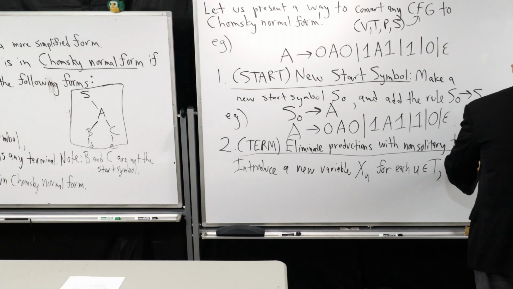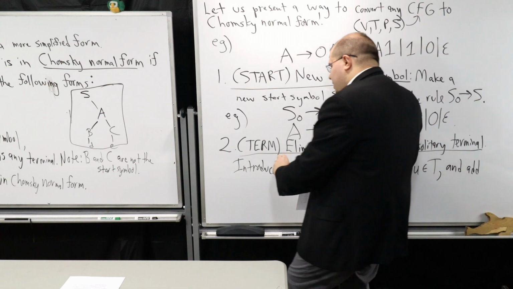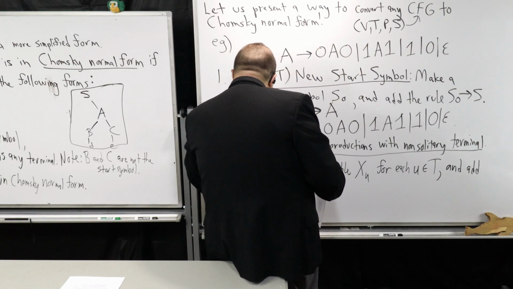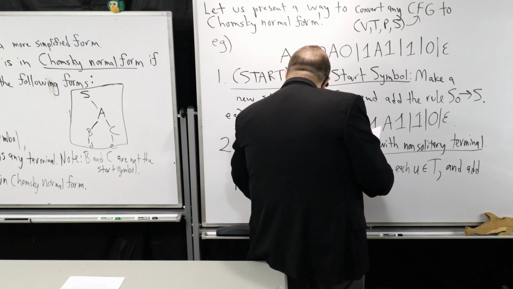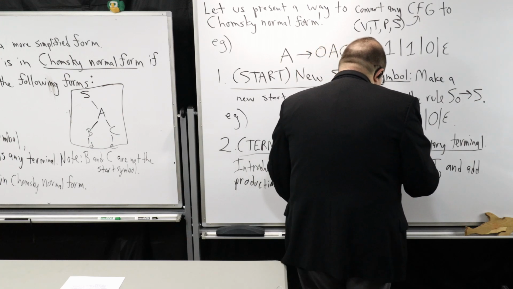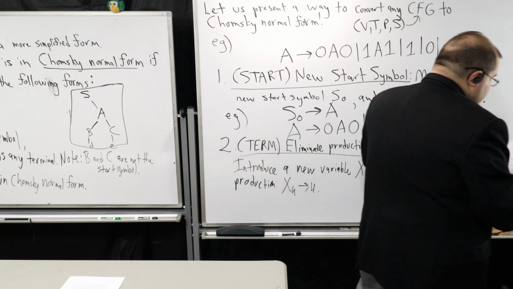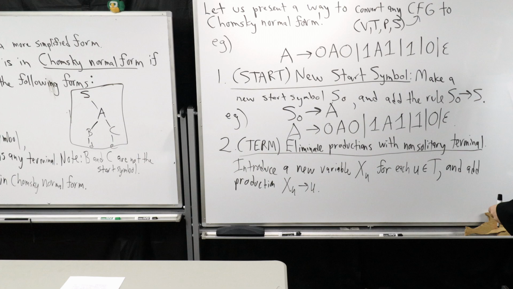And add production XU → U. So that's the first part. I take each one of my terminal symbols, introduce a new variable, and add a new production rule for it.